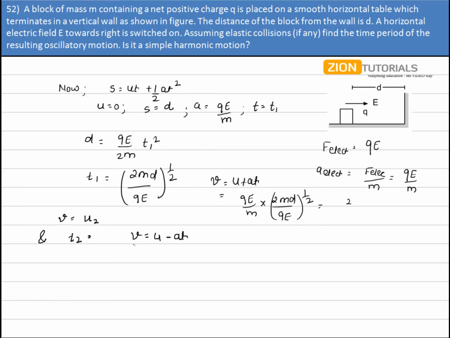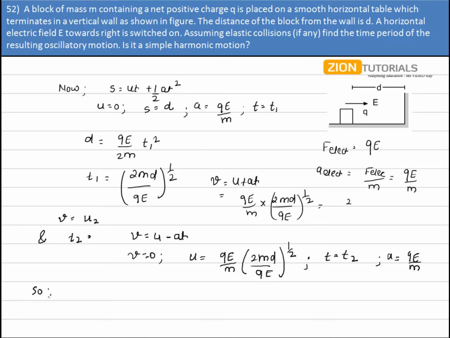So the final velocity will be 0 as the block will stop finally. The value of u is qE/m × (2md/qE)^(1/2), and let t be t2 that I have to calculate, and acceleration is qE/m.